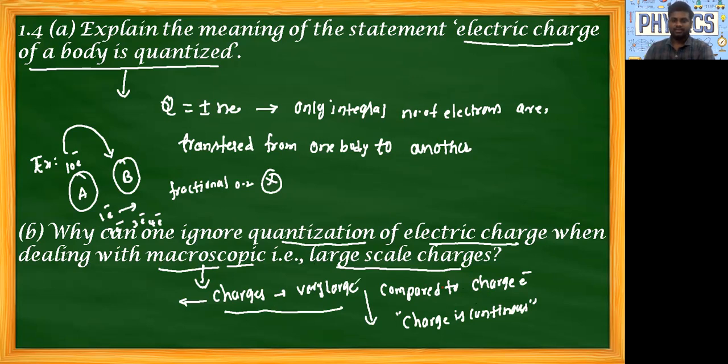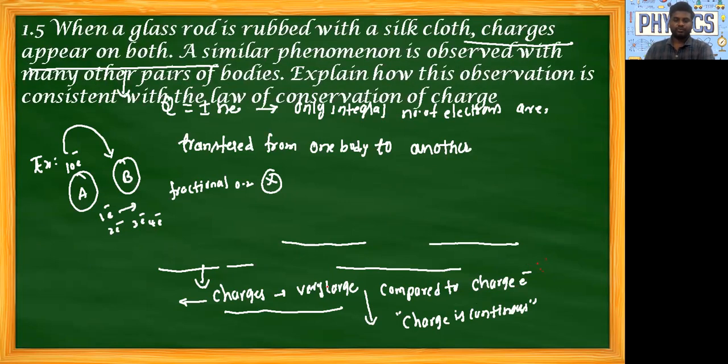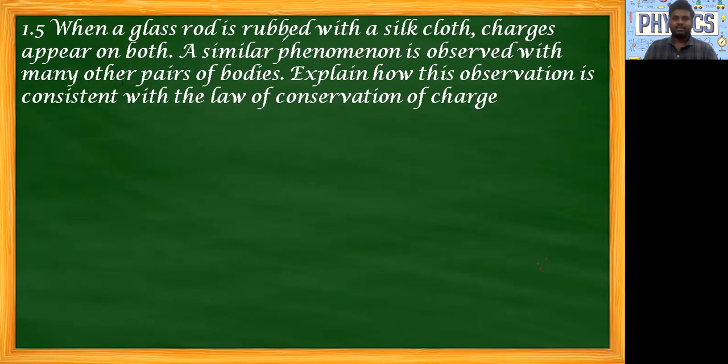We'll see the fifth question. What is the question here? When a glass rod is rubbed with a silk cloth, charges appear on both.